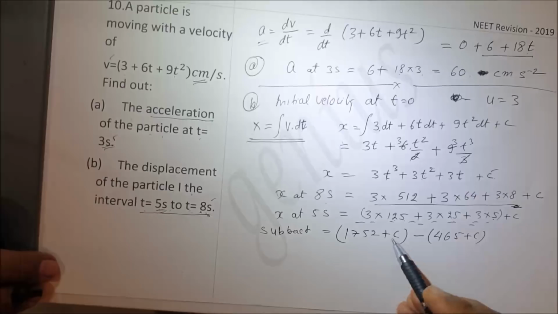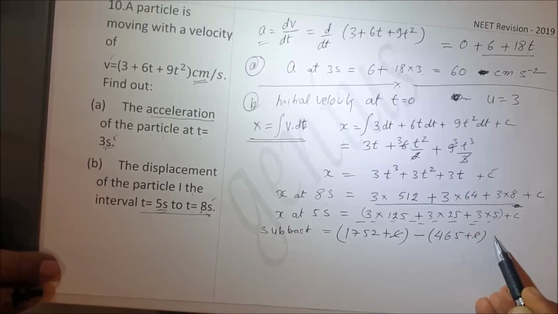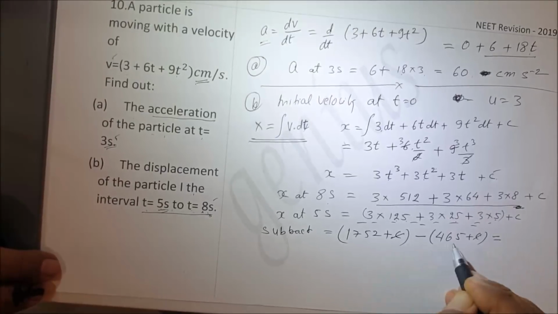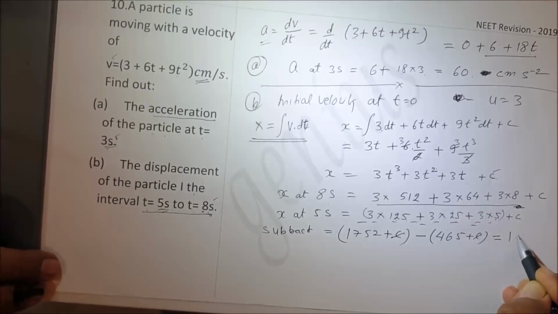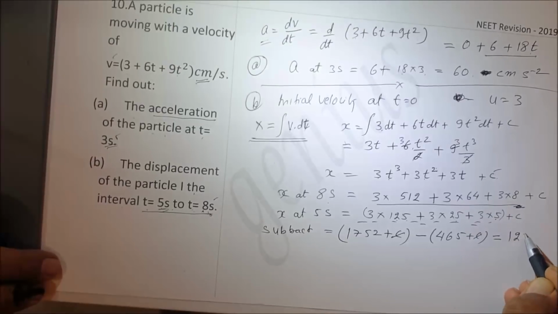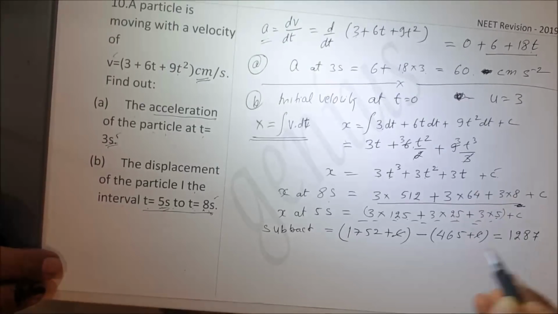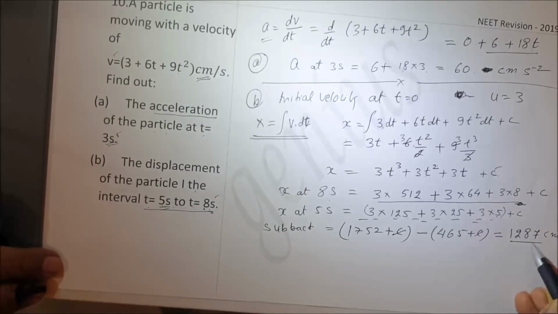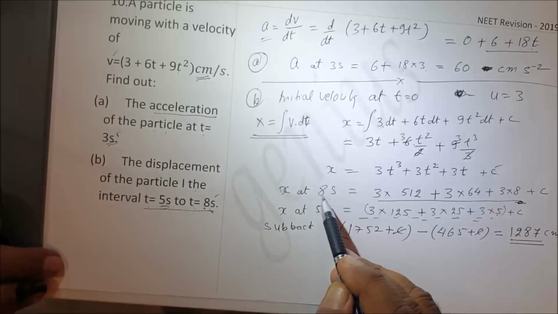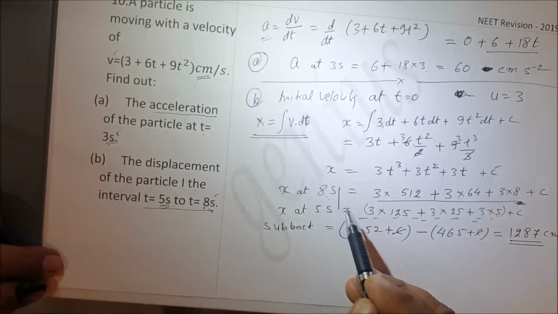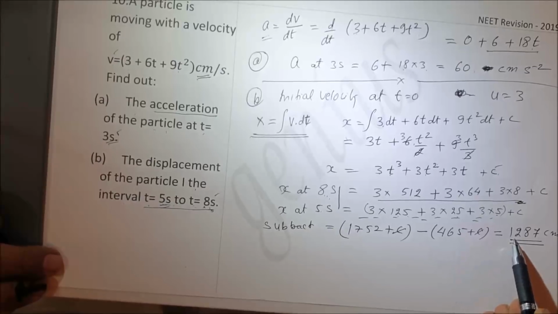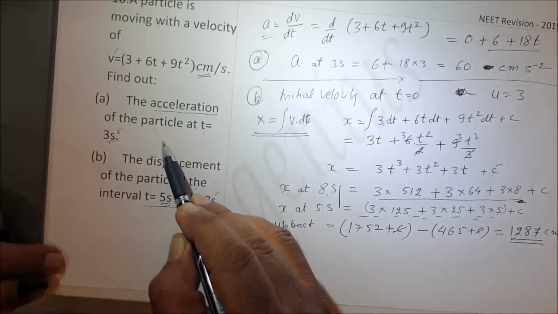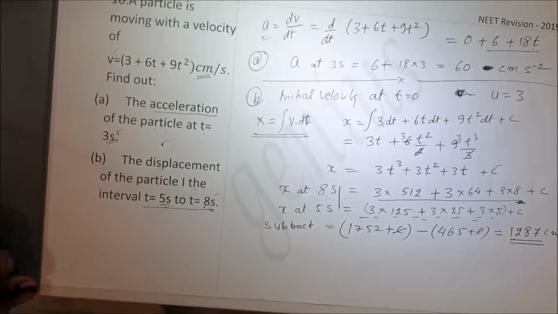When we subtract, c gets cancelled out, and what we get here is 1287. And the unit is centimeter. So the displacement from 5 seconds to 8 seconds is 1287 centimeter. This is part B, and this is how we do it. Thank you.